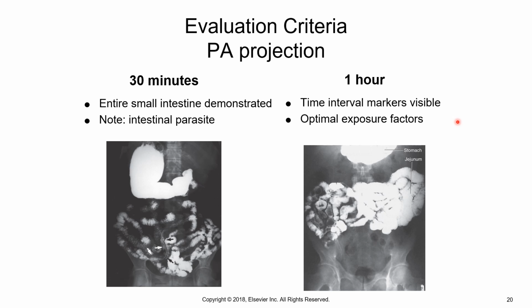Now, we don't tend to use markers, but they will annotate the images. So you'd want to annotate with 15, 30, 45, and 60. And anything you do beyond that, you would also annotate the amount of time that has passed since they finished the second cup or all 16 ounces of barium.